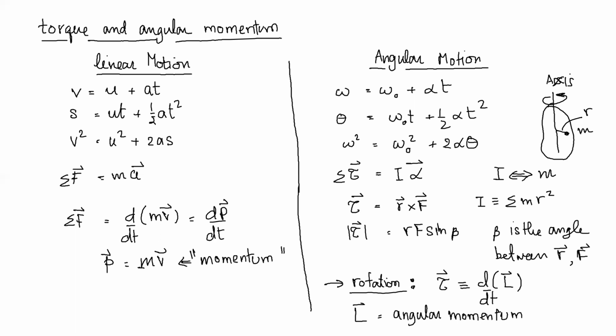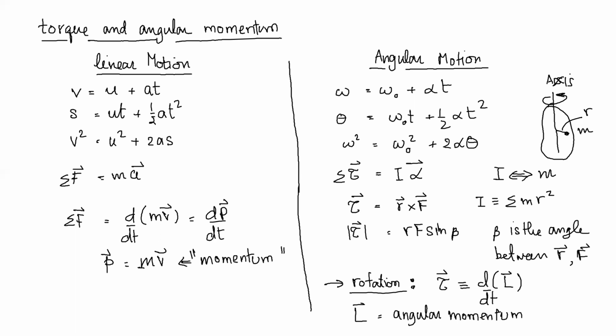Now, Newton's law for linear motion is summation F = ma. For rotation, it is summation torque = I alpha. And the force can be written as the change in momentum. In rotation, we define Newton's law by torque = I alpha.